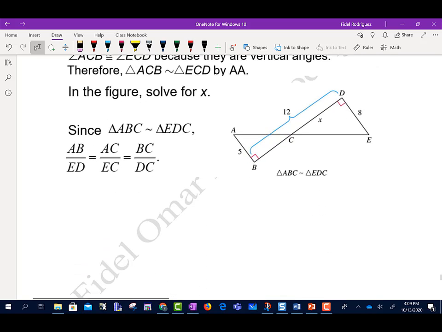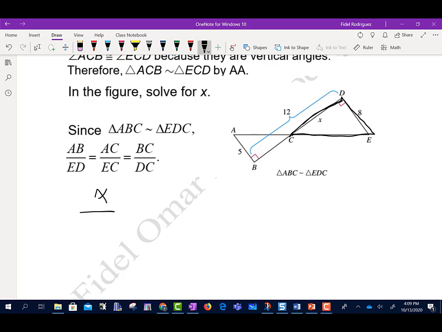All right, so let's take a look here, and it says in the figure solve for x. Let me get my pen going here. Sorry guys, it's freezing up. There we go. So I'm going to look at this triangle right here, and I'm going to write a proportion of the sides.